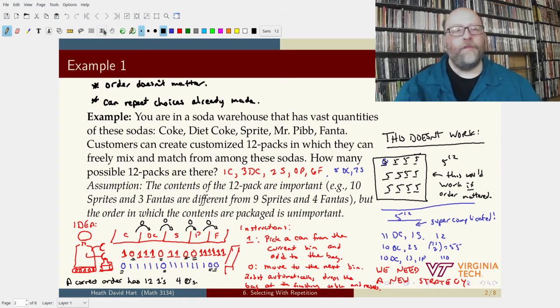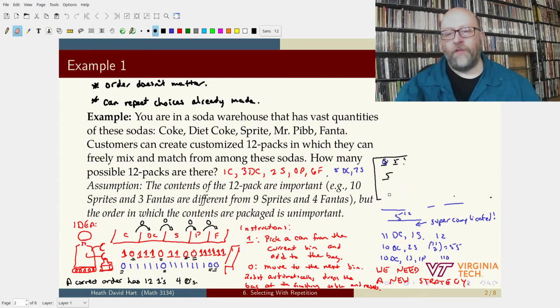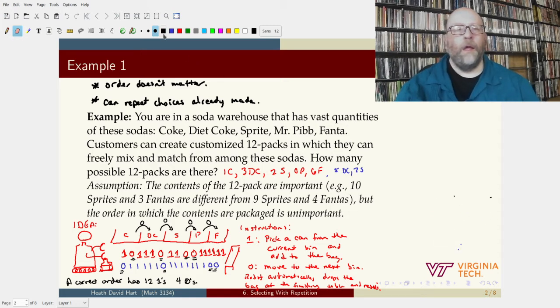Okay. So let's see if we can make this work here. I'm going to go over here and erase the stuff that doesn't work, and let's just try expanding on this idea here.